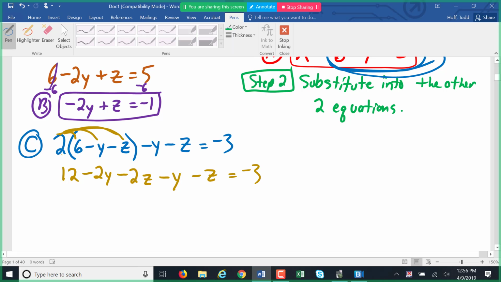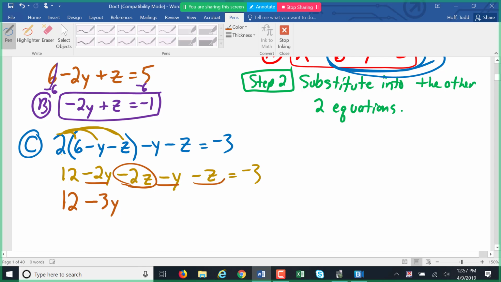So now let's combine. The 12 doesn't have anything to do. We got negative 2y and negative y make negative 3y.